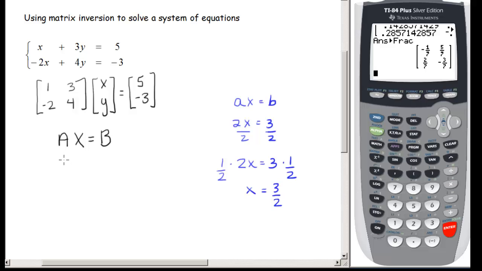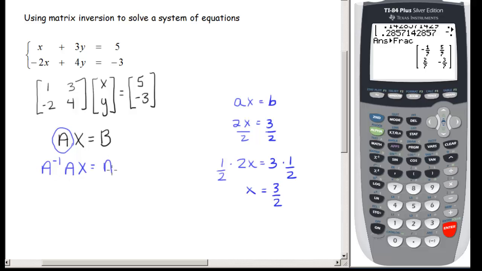So that's what we're going to do over here. We're going to take our AX equals B, and we want to get rid of this A here. So I am going to multiply on both sides by A inverse. Now, with numbers, it doesn't really matter how you multiply because 3 times 2 is 2 times 3. But with matrices, it does matter because sometimes if you multiply one way, it's defined, and if you multiply the other way, it's not defined.